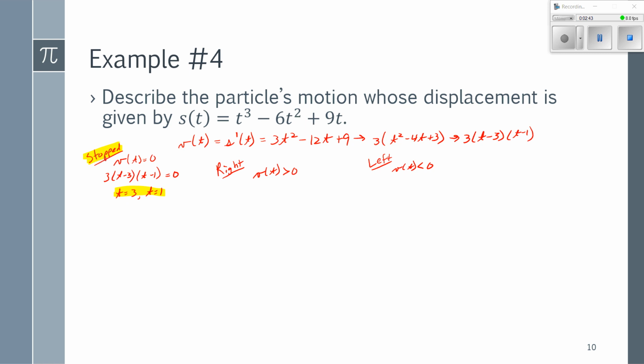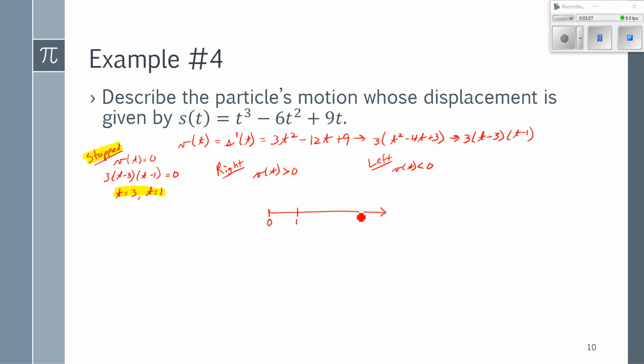Well, the easiest way to talk about this is actually to make what is called a sign chart. So I'm going to draw a number line. On this number line, I'm going to put my domain. Well, since t is representing time, t doesn't go negative. So t is starting at 0, and then I'm not given a stopping time. And then I'm going to put when is it stopped on my number line.